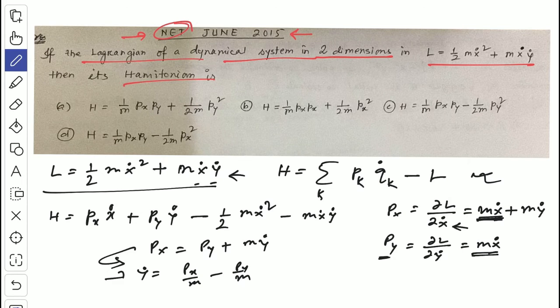This implies y dot is equal to this, and from here you can find x dot. p_y is equal to m x dot, so x dot will be equal to p_y by m.